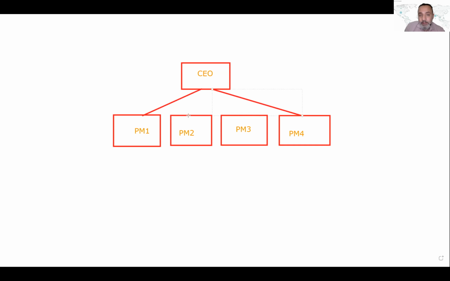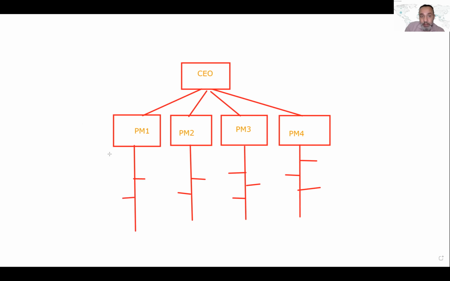Some of the projects might have their own functional departments. So for instance, for this project, you will have an HR department for the project. This can be, okay? Or finance department for the project, or accounting department for the project, and so on.